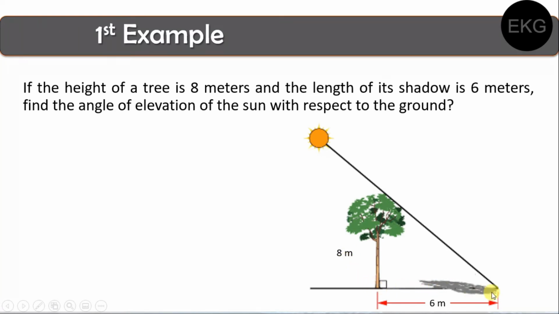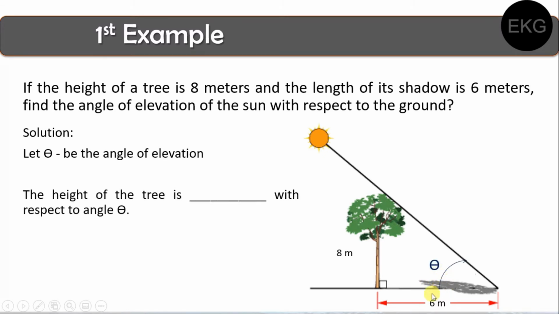And the length of its shadow is 6 meters. Find the angle of elevation of the sun with respect to the ground. So, what is the angle of elevation? This angle, since this is our horizontal, this is our line of sight to the sun. Okay? So, solution: let theta be the angle of elevation. So, this one is theta.